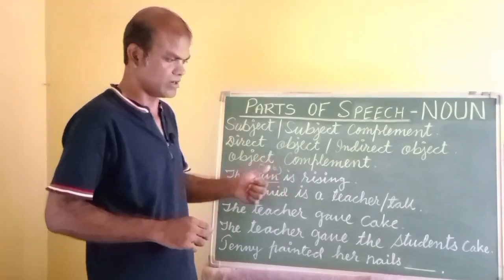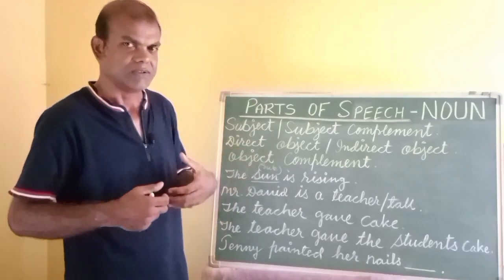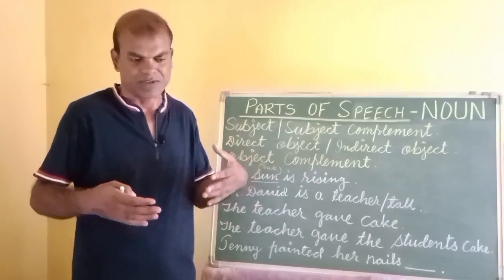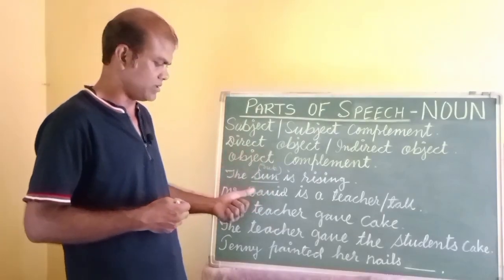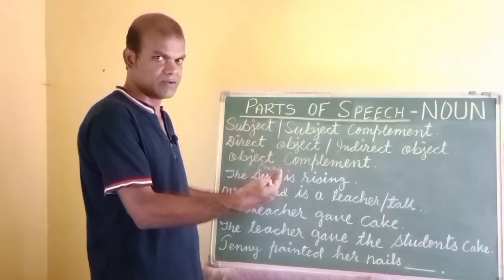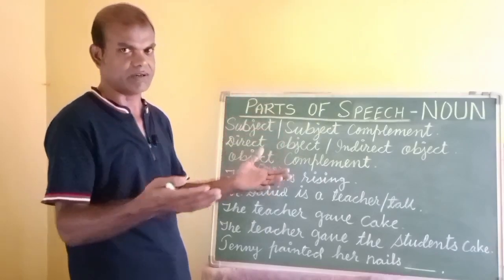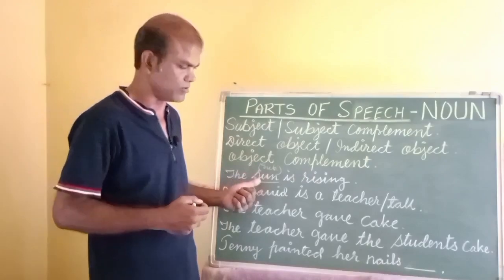Now what is subject? Subject is the person or thing in a sentence which does something. That is known as subject. In this sentence, the sun is doing something. The sun is rising. It is turning morning and the sun is rising. Okay, this is the noun.